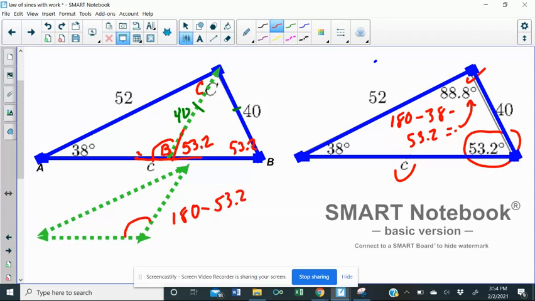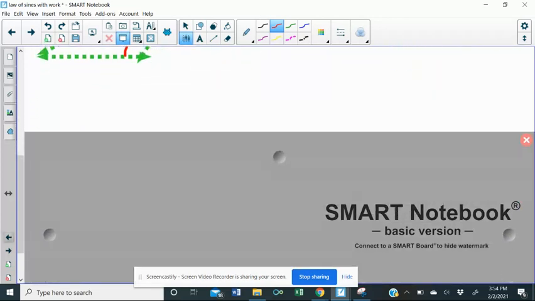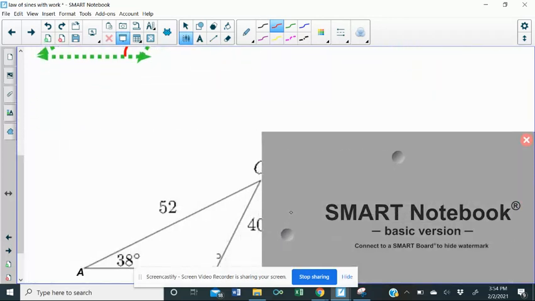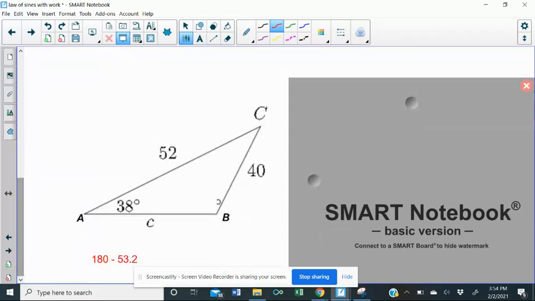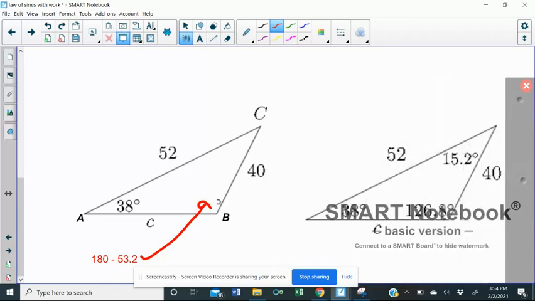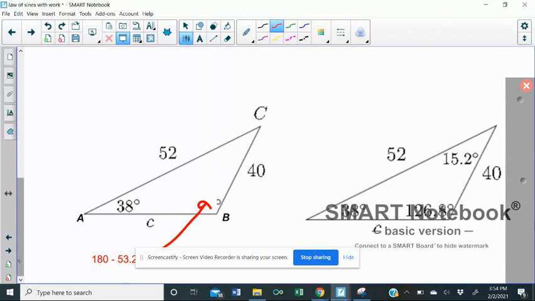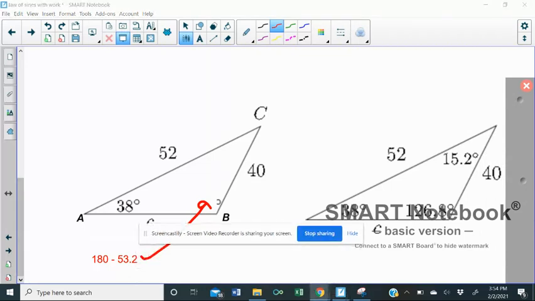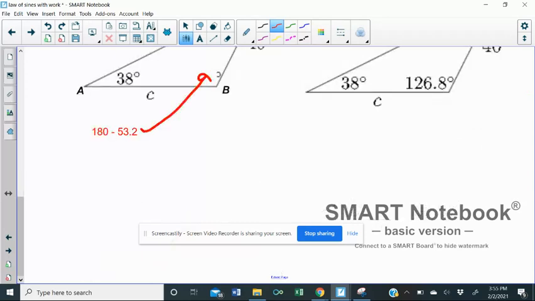Okay. So now we are going to come across our second triangle, drawn like this. Okay, so again, this is how we get that 180 minus 53.2. And we come up with this beautiful looking triangle here, possibly. Let me extend it so we can see it.